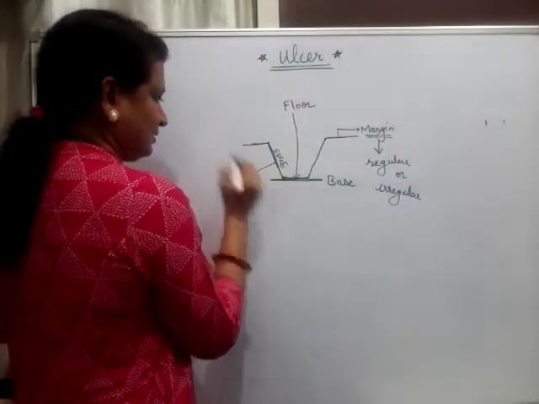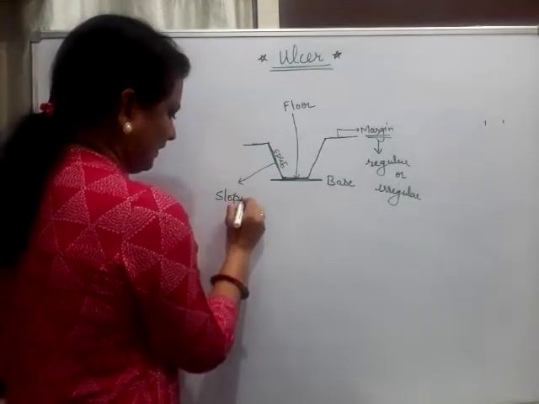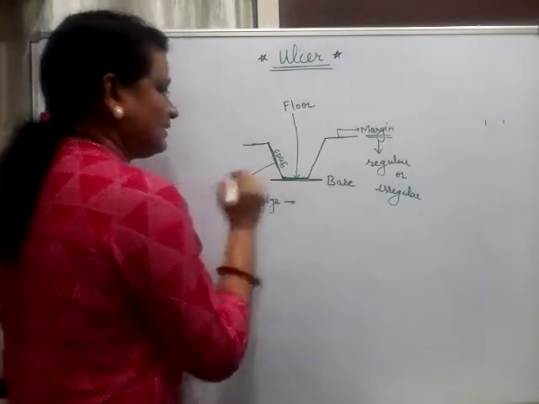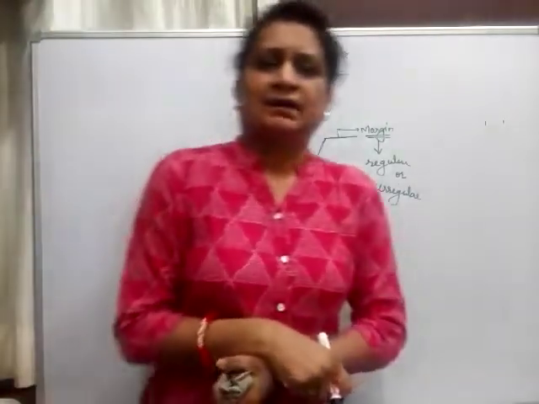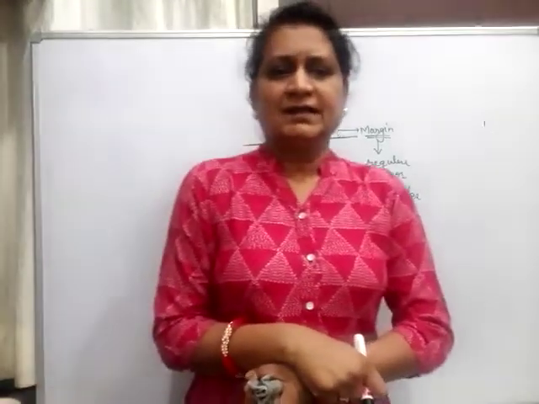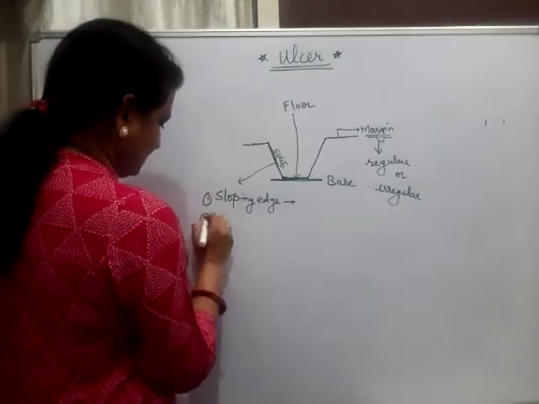This edge can be a sloping edge, which is seen in cases of healing of an ulcer. Then second is undermined edge.